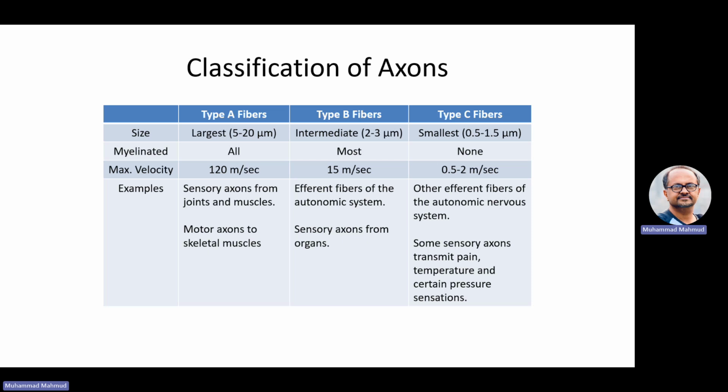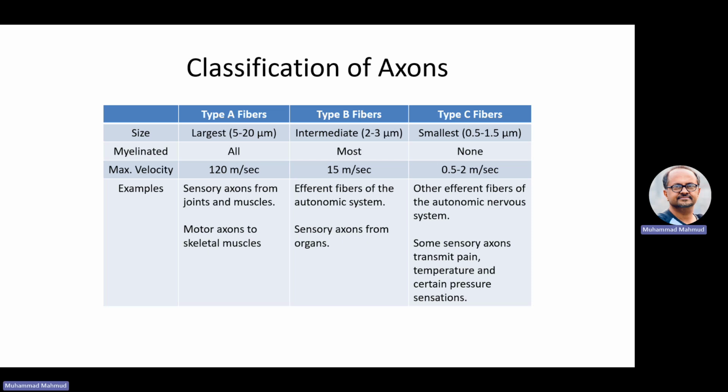The larger myelinated fiber definitely will have the maximum velocity. The action potential will move faster, like 120 meters per second, compared with the type C fiber, which is 0.5 to 2 meters per second. So it is almost 50 to 100 times faster.